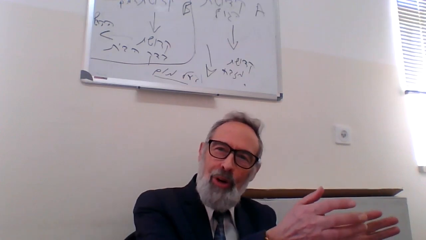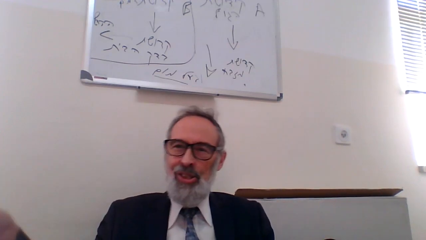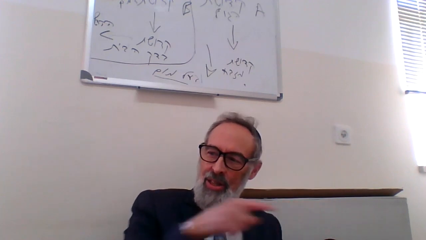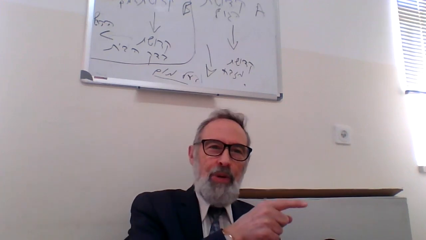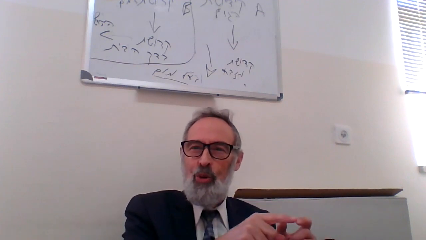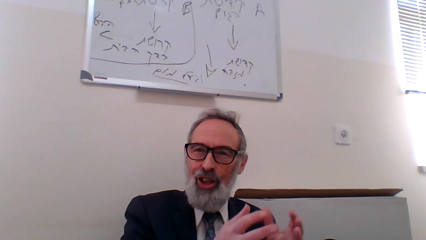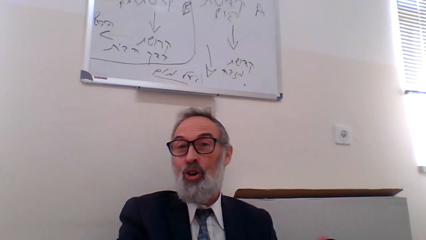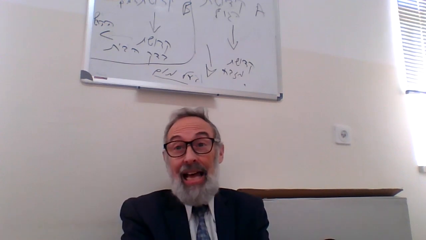So if I have a paraduma and I say harei zu tmura zu, then it could very well be that this is a Maisa Tmura because paraduma was elevated to the status of Kodshim by the Torah, because the Torah calls it a chatas, even though it's not a chatas.